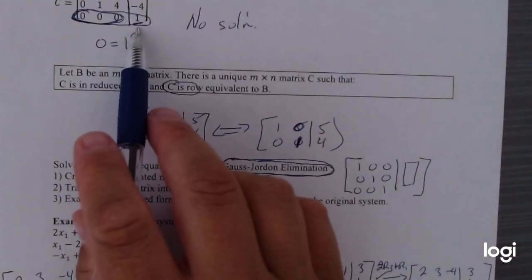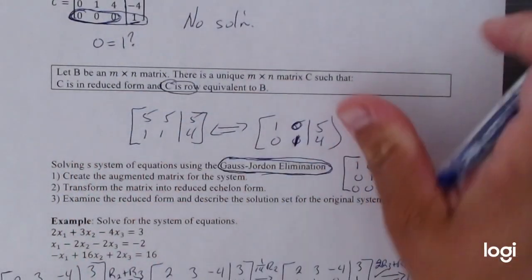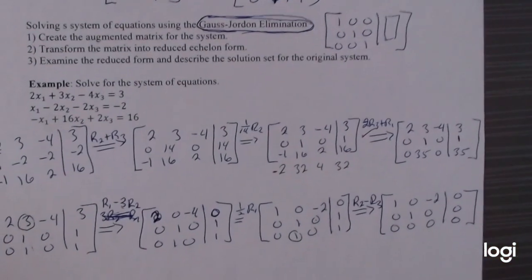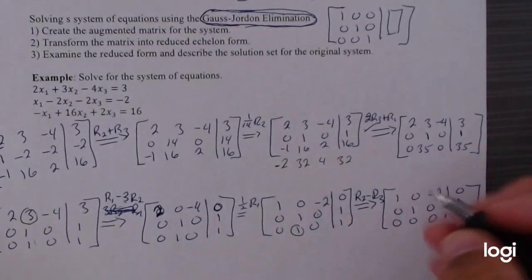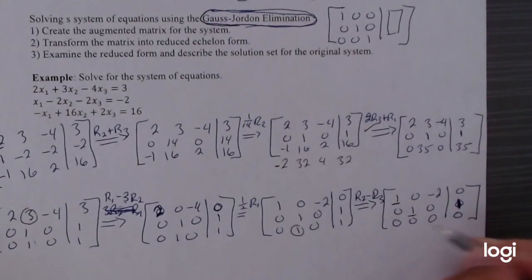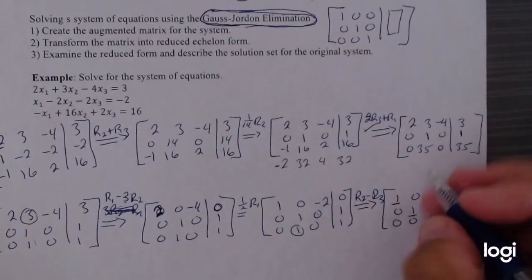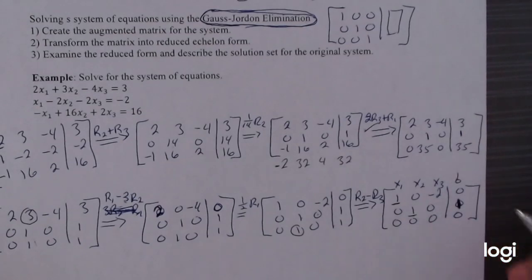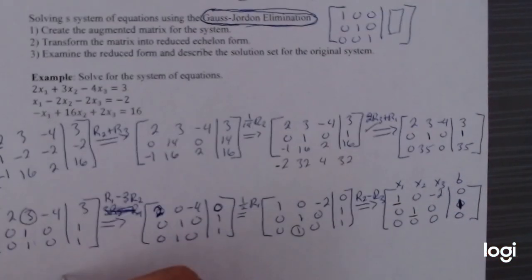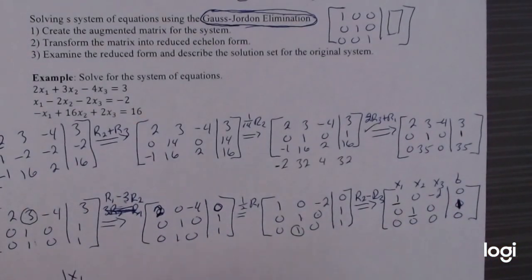Which is okay, right? Because as long as it doesn't actually equal a number, we don't have no solution. So we do actually have a solution in this case. And this is a 1. Okay, now that we row reduced it, right? We have 1, 1, and that's it. Let's see what we have. And remember, this was x1, x2, and x3, and these are b's. So this is saying 1x1 minus 2x3 equals 0.